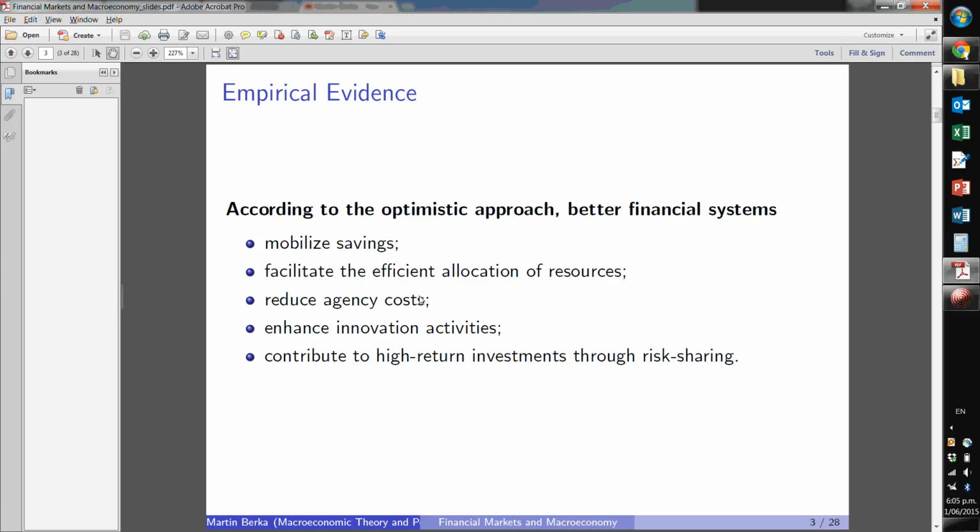It also helps enhance innovation activities through funding, and shares risks.